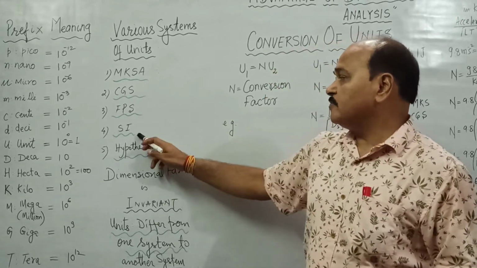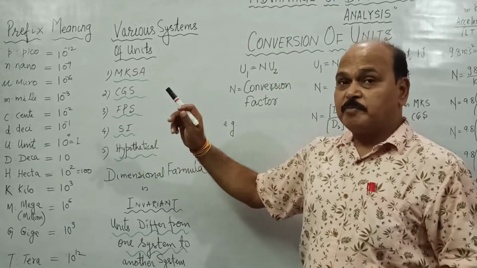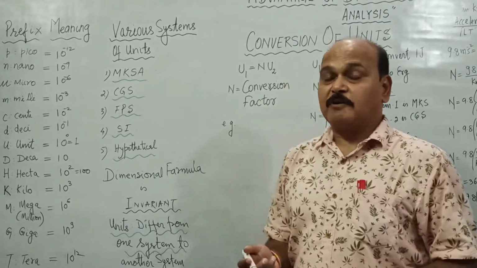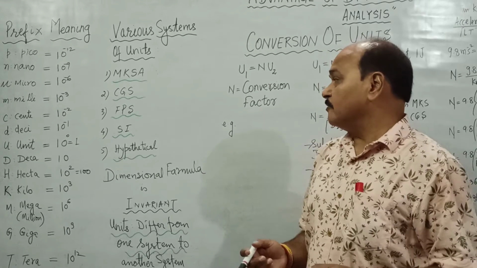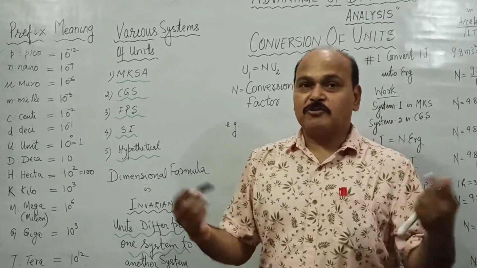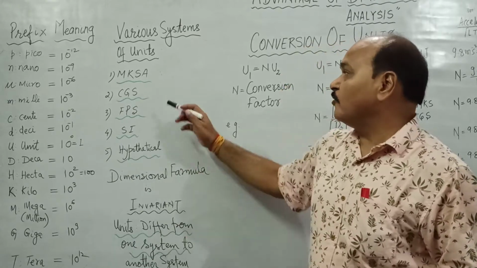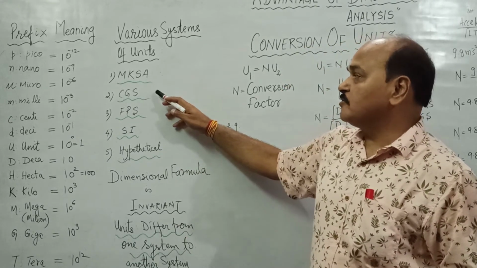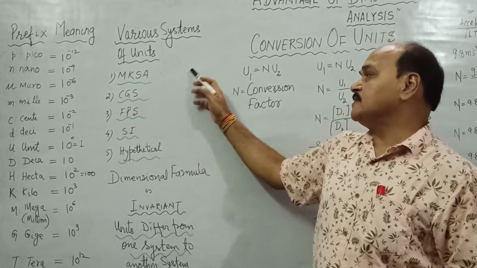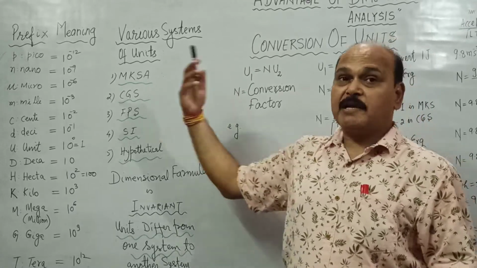Well, SI system is the system which is used by every scientist the world over. Earlier, when the scientists of different countries used to gather together to discuss their research papers, they used to talk in their own system. Some used to talk in FPS system, some used to talk in CGS system, some used to talk in MKSA system.